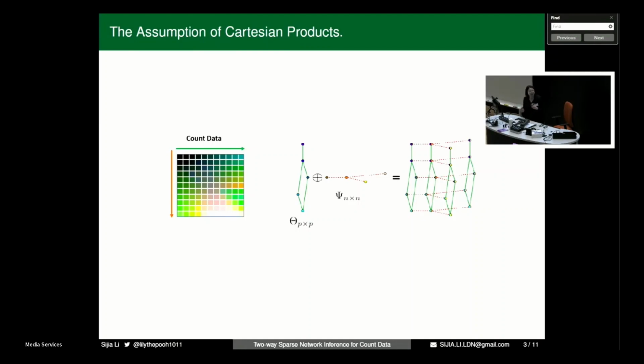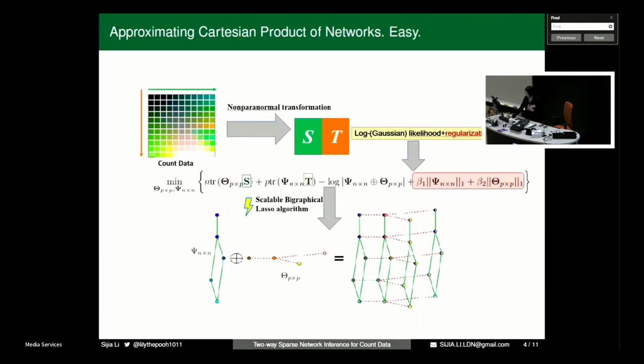Our assumption is that the structure along the rows and the structure along the columns combined together form a Cartesian product, and the Cartesian product of the two structures would be the overall structure of the whole data set. That's an assumption here.